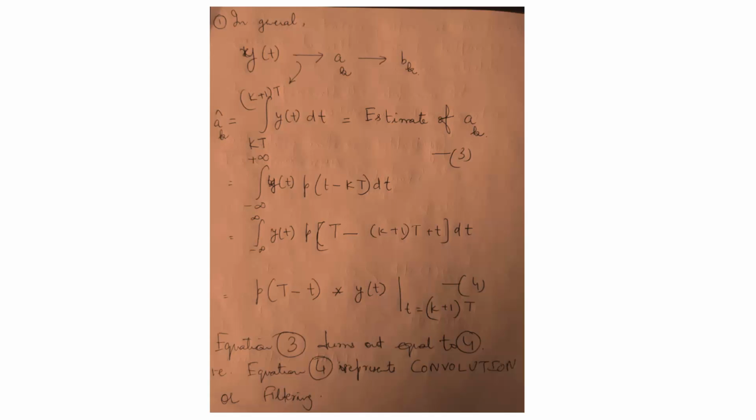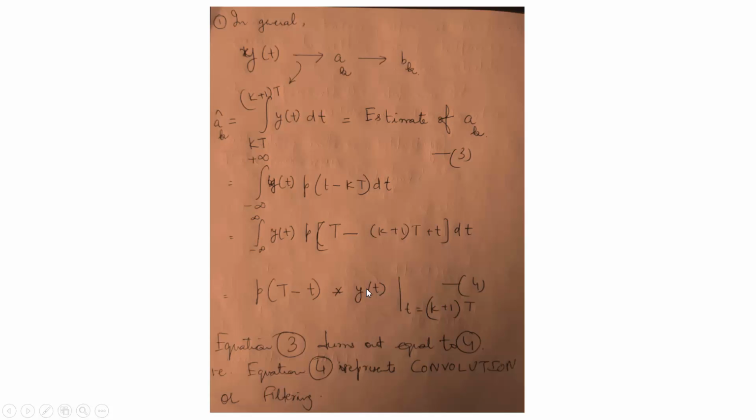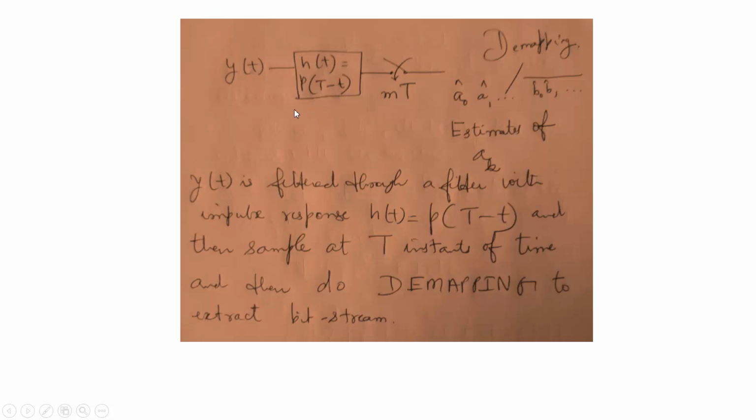So what does this explain? y(t) is the received signal. If I pass this received signal through a filter, what should be the response of that filter? p(T minus t).